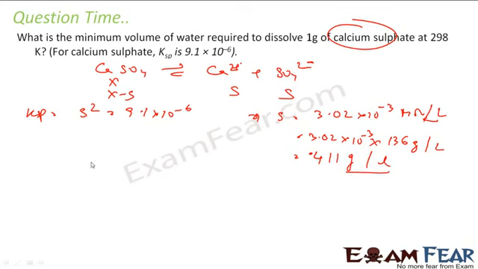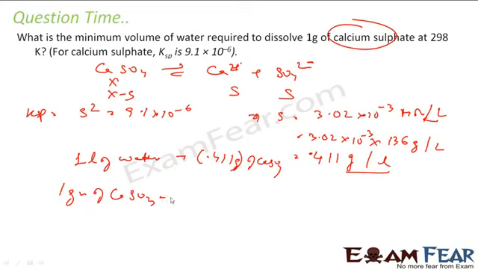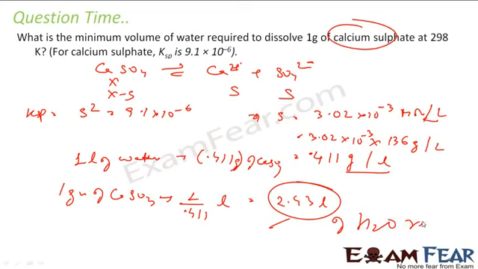That means 1 liter of water is required to dissolve 0.411 grams of CaSO4. So to dissolve 1 gram of CaSO4, how much is required? 1 by 0.411 liter, which is something like 2.43 liters. So 2.43 liters of water is required to dissolve 1 gram of calcium sulfate.